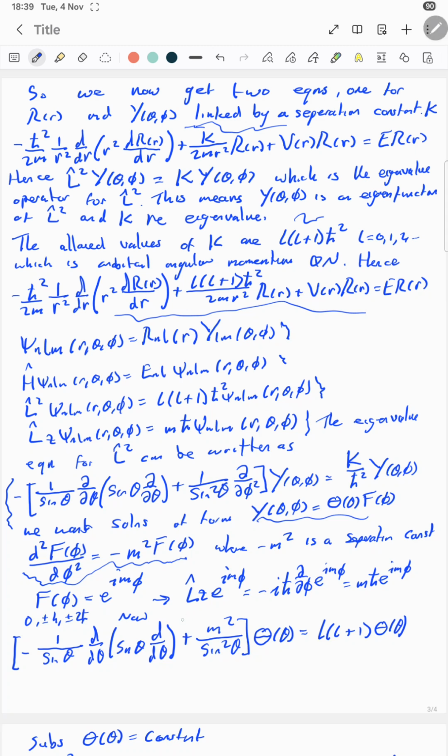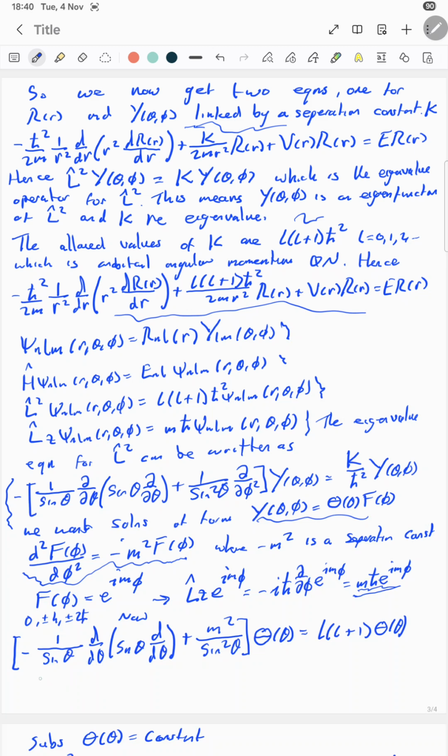So Lz hat operating on e to the i m phi, which is the solution of this basic differential equation, we end up with this, where m is the magnetic or azimuthal quantum number. I think I've been through this before. And in terms of h bar, it is 0, plus or minus h bar, plus or minus 2 h bar, and so on.